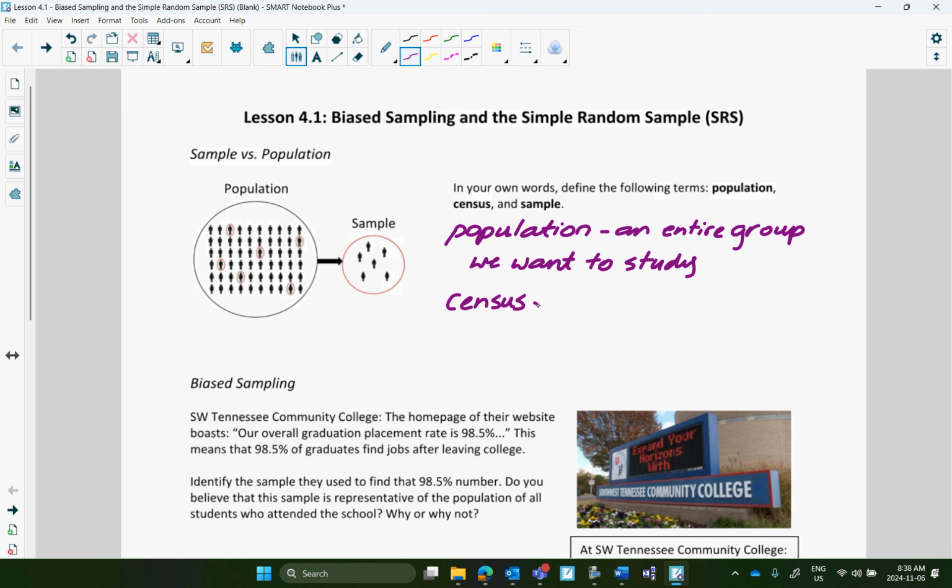Okay. When we measure all individuals in a population.